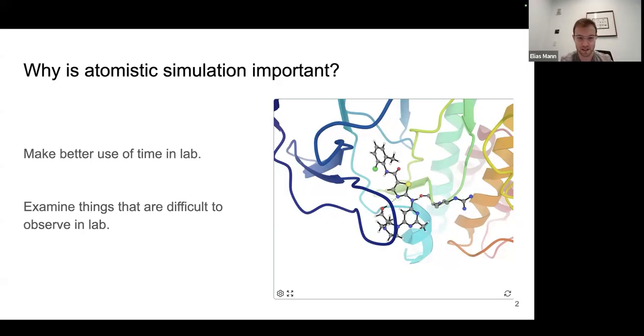So this leads to more successful experiments and then more drugs being designed. Another thing that it allows you to do is observe things that are hard to observe in a lab. An example would be a reaction pathway, which is hard to experimentally observe, but you can model and observe in simulation.